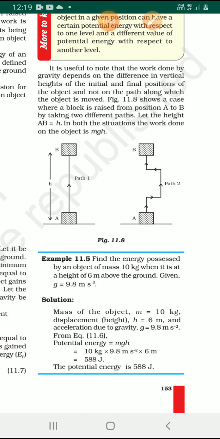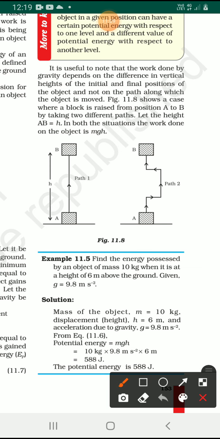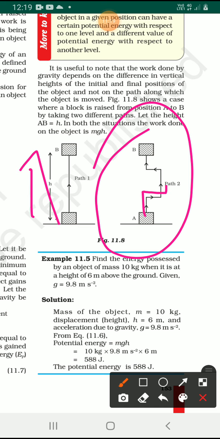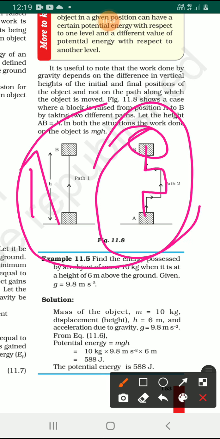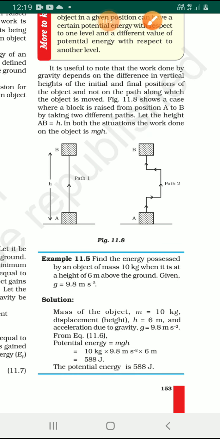Okay, suppose you just see that here. Here the object is taken straight up, raised up. Here it is raised along a slanted path. In the second picture, the path of the raised object is a little different, but in both cases the work done will be the same, isn't it?